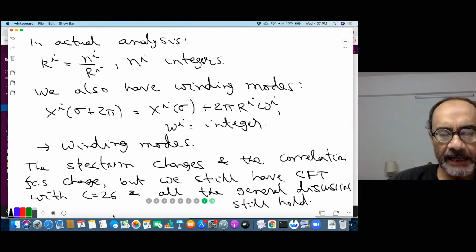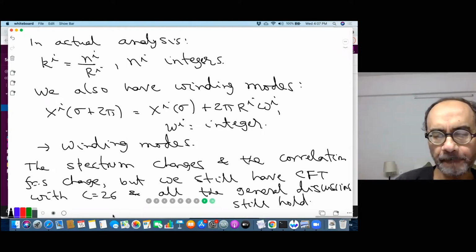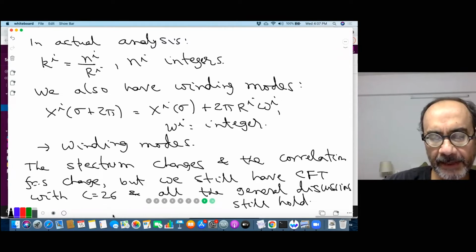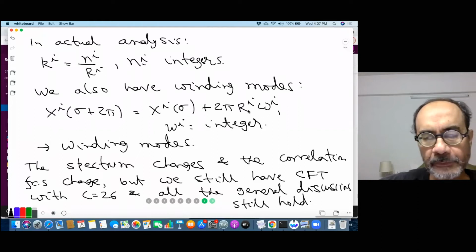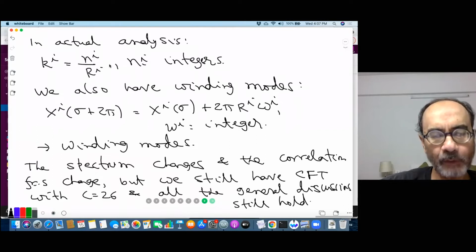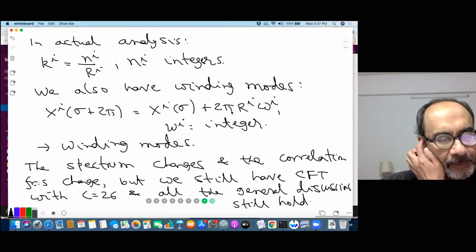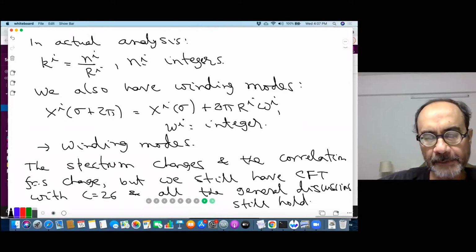In fact, this theory has some nice properties also, which is a symmetry under the exchange of momentum and winding, and you take the radius to 1 over R. So there is a symmetry. You can show that the spectrum is symmetric. You can already see the spectrum has this symmetry because if you exchange n_i and w_i and R_i to 1 over R_i, it's not fully visible here, but it is something you can show. Then the spectrum doesn't change.